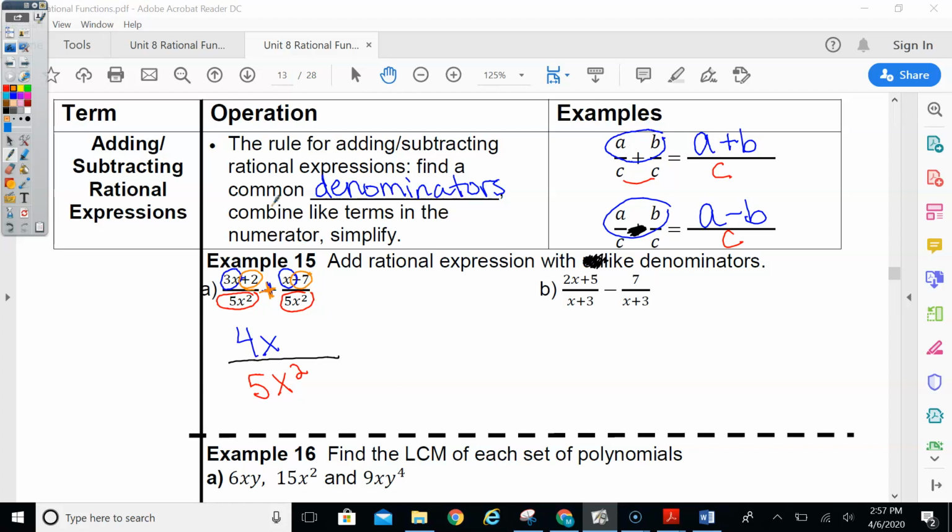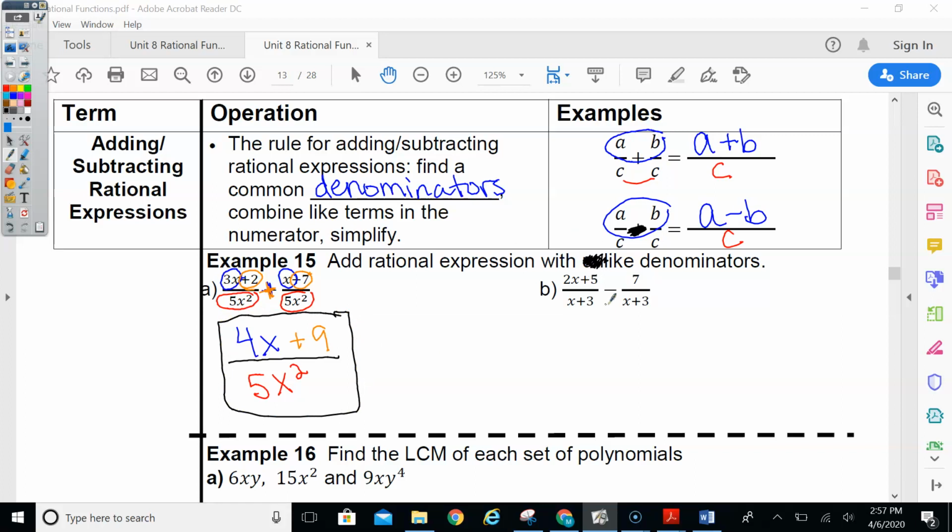Oh, nope, it's a plus 7. Sorry, I couldn't see it. Yeah, it's a plus 7. So 2 plus 7 is 9. So plus 9 here. And that's really all you got to do if the denominators are the same. This is your answer here. We'll talk about reducing later if possible, but most of the time you're just going to leave it.